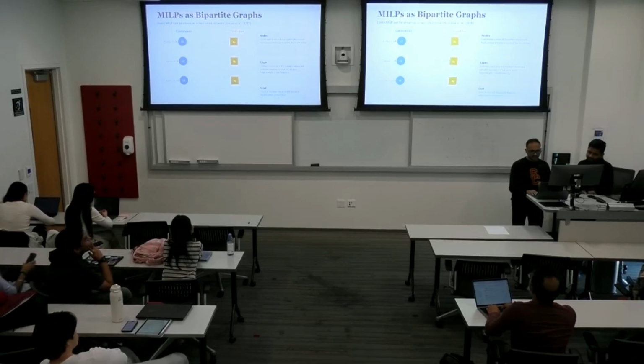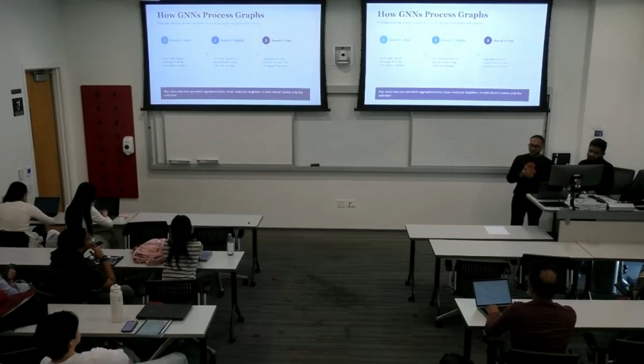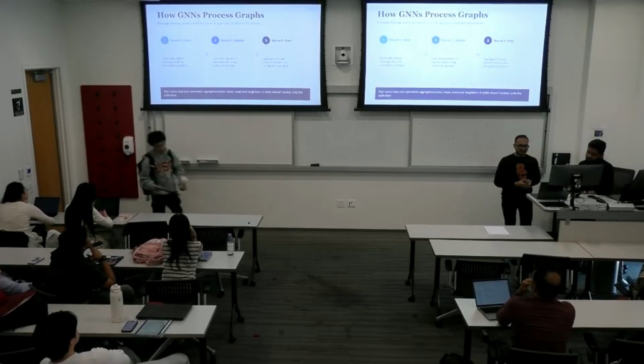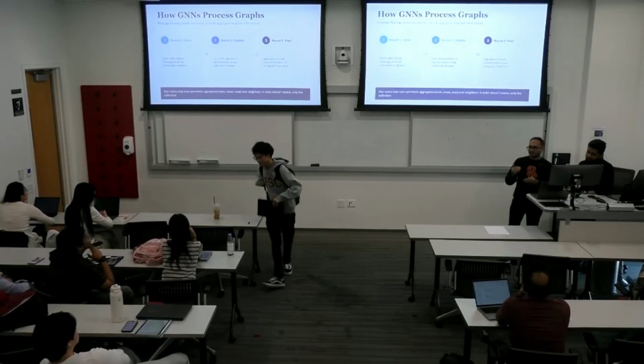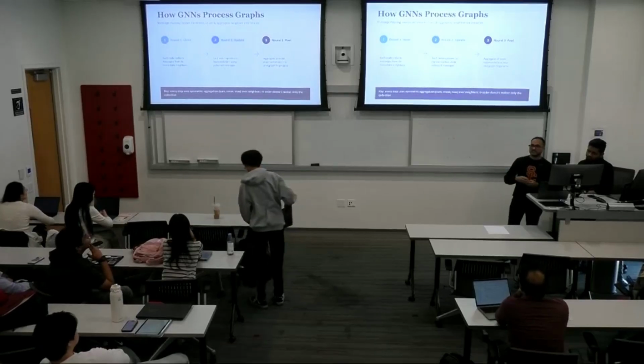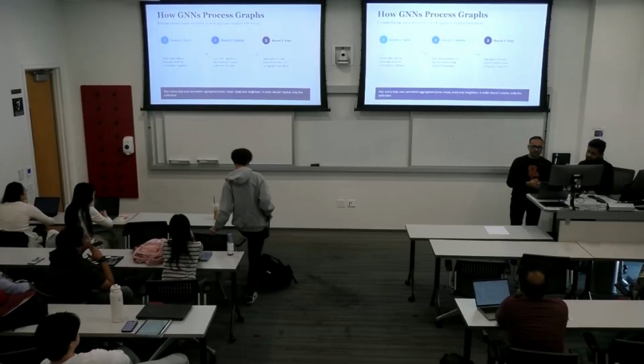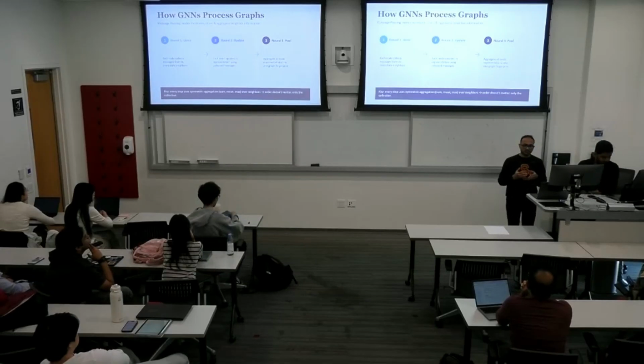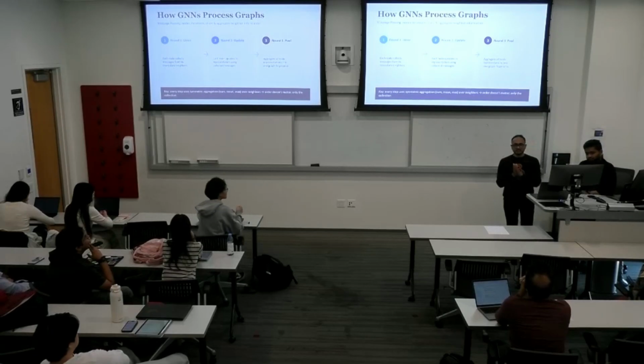The question is, how do you process it? And the answer is GNNs, or graph neural networks. GNNs work through message passing. Each node collects information from its neighbors and updates its own information based on what it has learned so far. After several rounds, you pull everything into a single graph fingerprint, which I call a graph embedding.